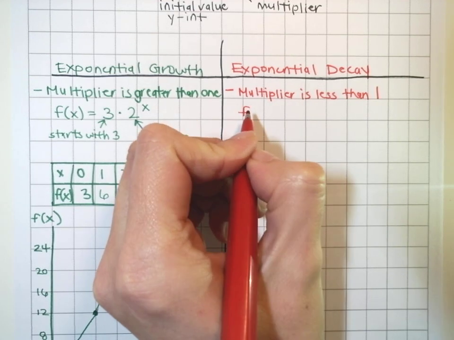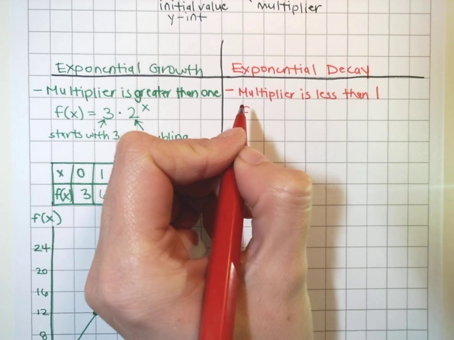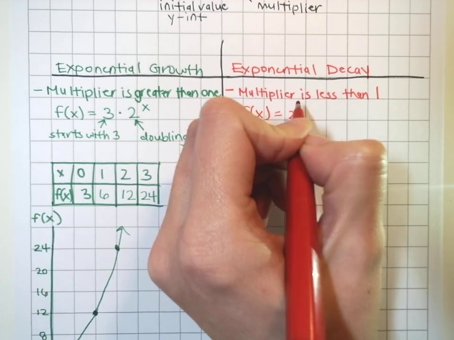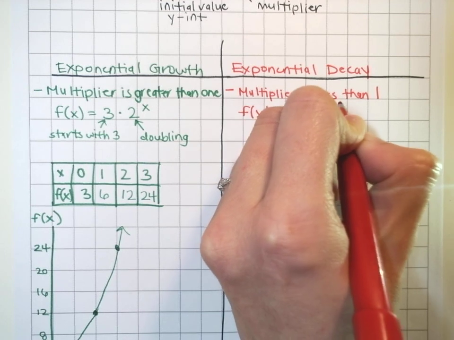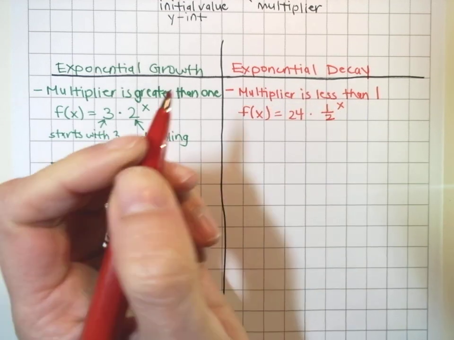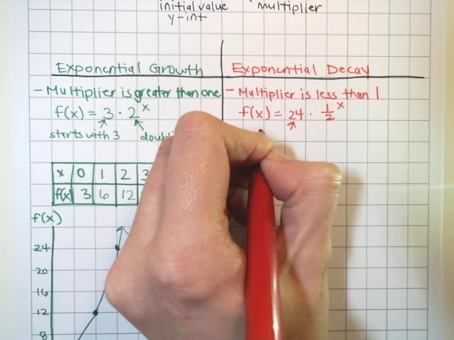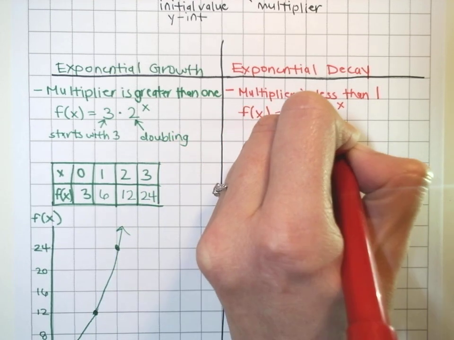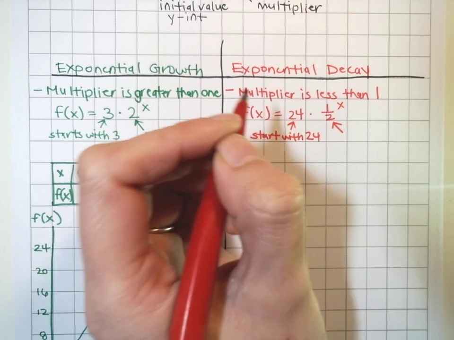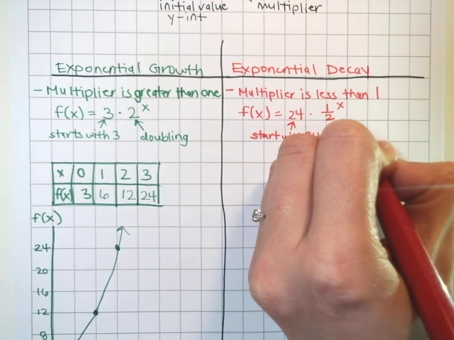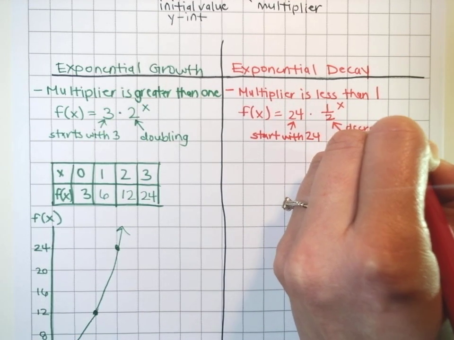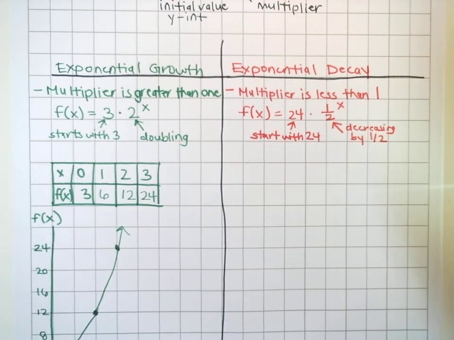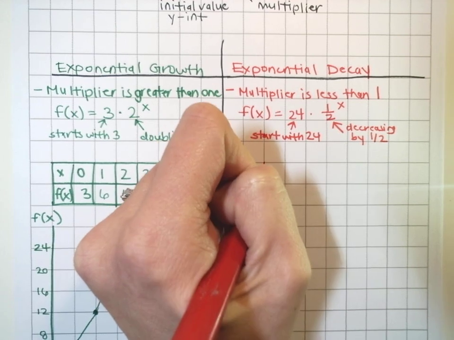So an example of that would be f of x equals 24 times 1/2 to the x. So this tells us that we are starting with 24, and then the 1/2 tells us that we are decreasing by half. And so how would this look in our table?